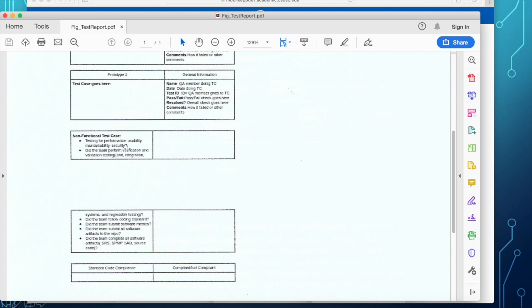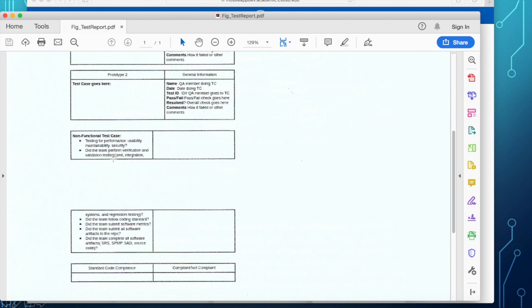Okay, so they will try to breach security and see if they can access the data, unauthorized access of the data. Okay, and did the team perform verification and validation?